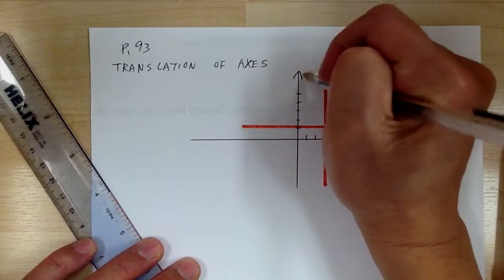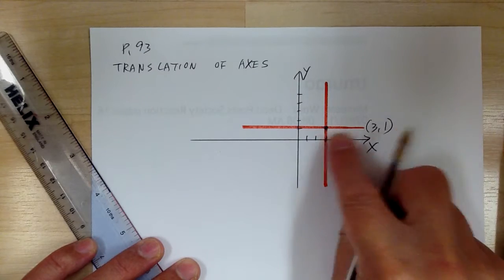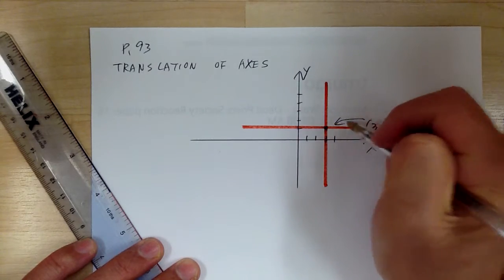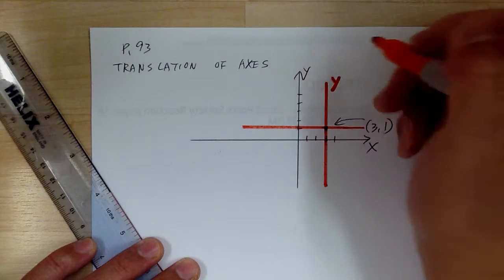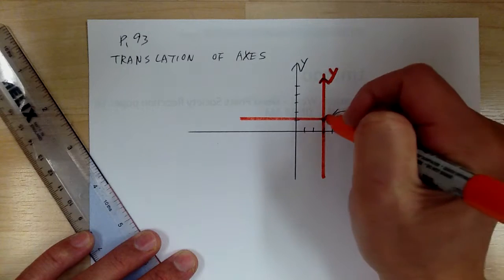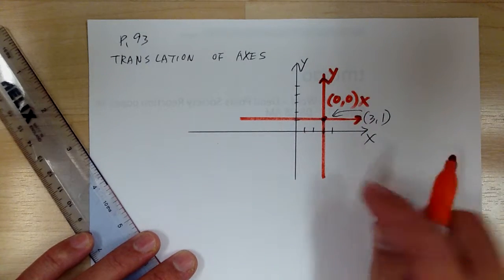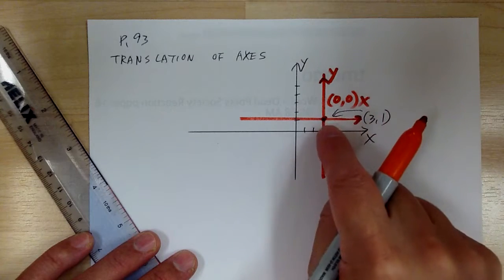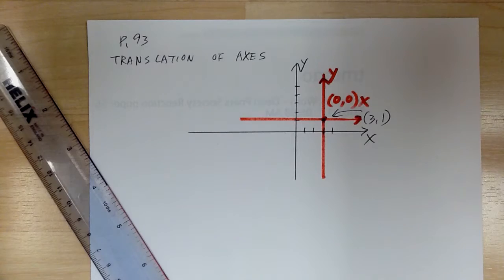Originally this is your y-axis and this is your x-axis, so this point is 3, 1. Now if you move the axis to here, so this is your new y-axis and this is your new x-axis, then this point becomes 0, 0, right?